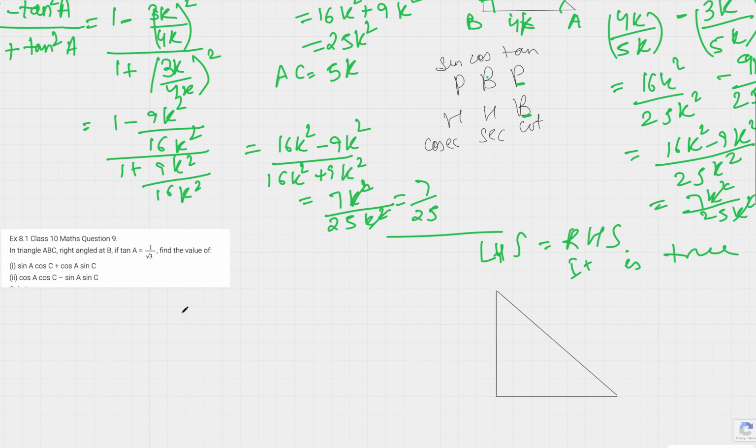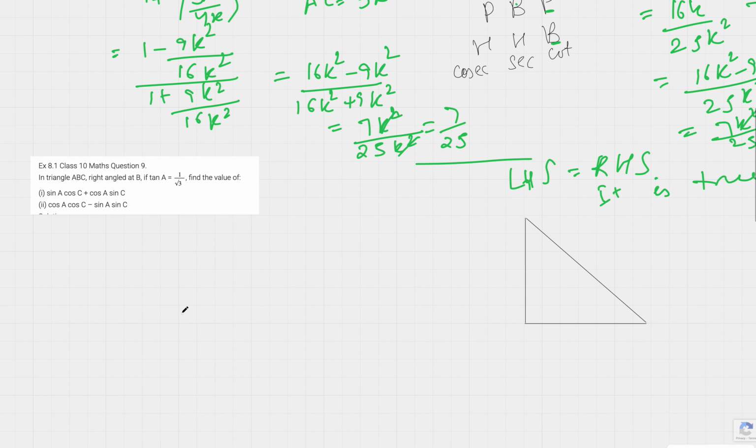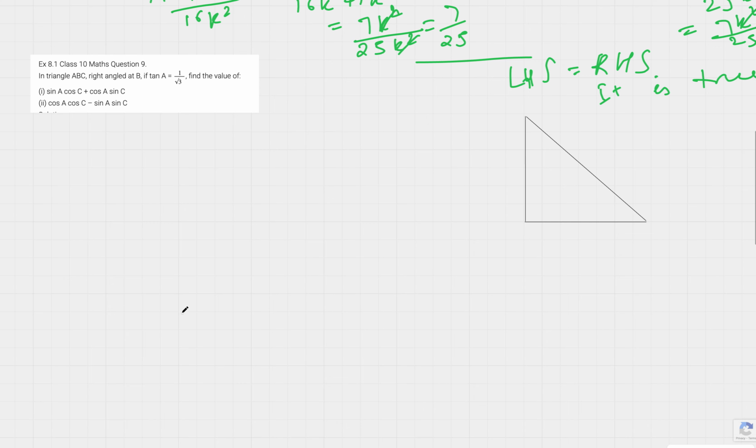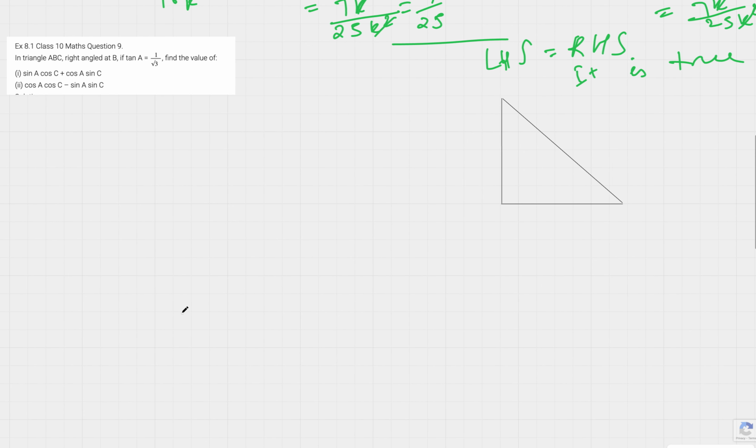Let's go to the 9th one, which is basically like the big question. So in triangle ABC, right angle at B, we can say that this is B, this is A, this is C. Tan A is equal to 1 by root 3.